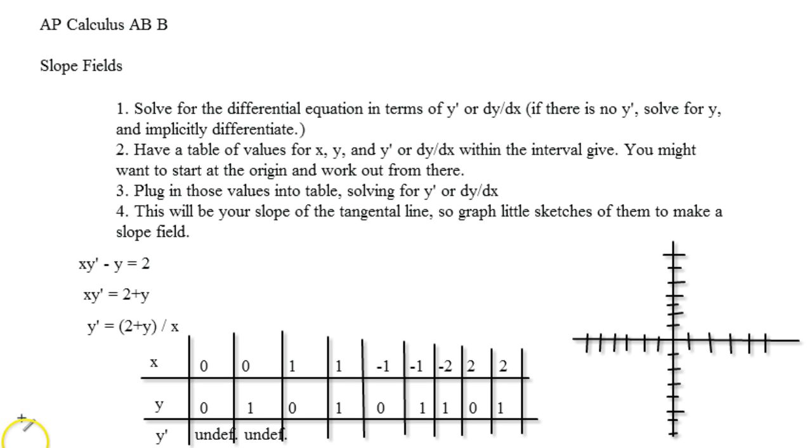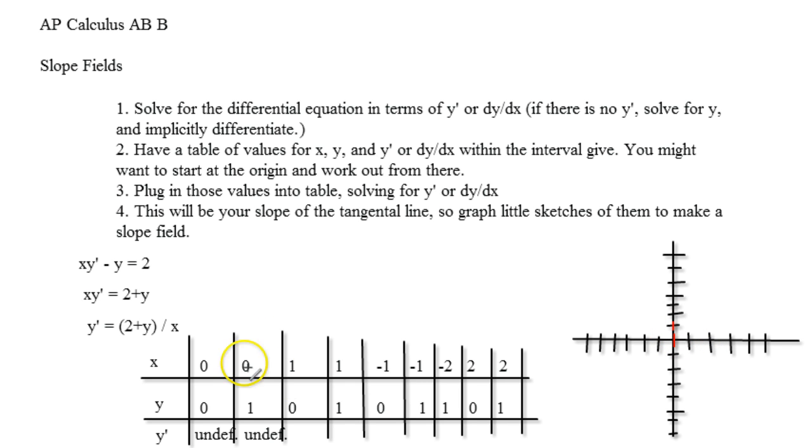So if we use a different color, at 0, 0 the slope field will be going straight up and down, and at 0, 1 the slope field will be doing the same thing. So it's going to be two little lines looking like that.